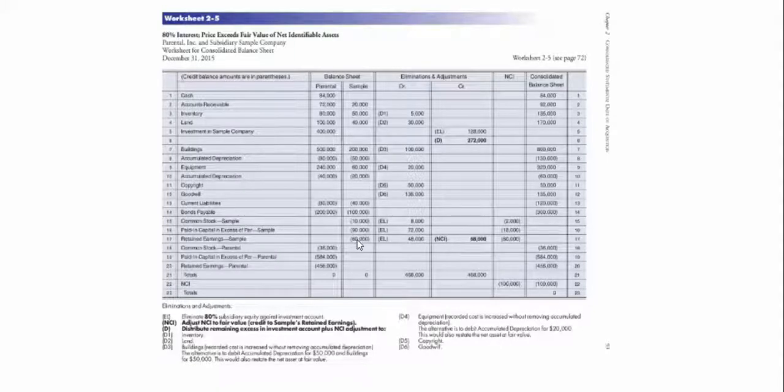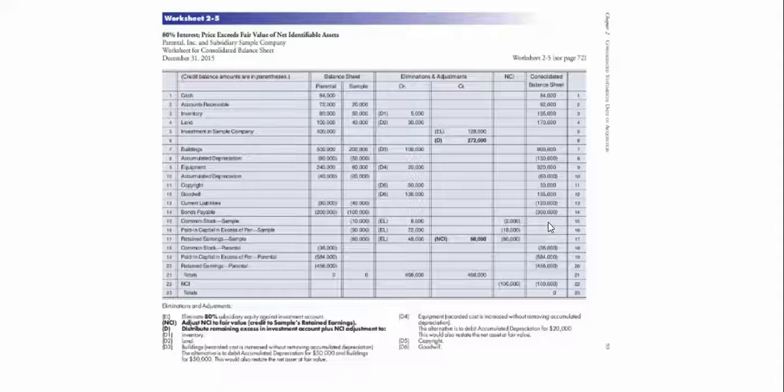So if you look here at the 68,000, we reduce it by 48,000, the 80% that we eliminated. So that would be 12,000. Then the other 68,000 brings it up to 80,000, right?